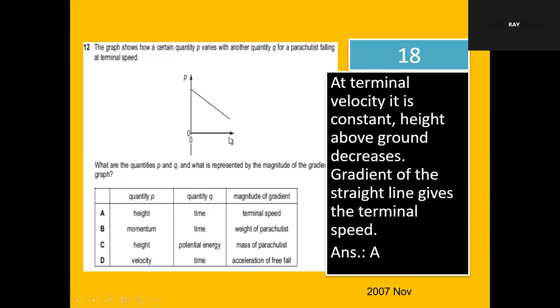This is the time. Terminal velocity. We are told it is falling at terminal velocity. So for the velocity time graph, sorry, for the height time graph, the gradient is the velocity. Good.